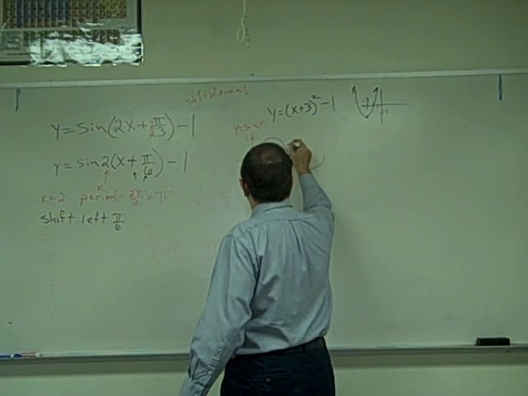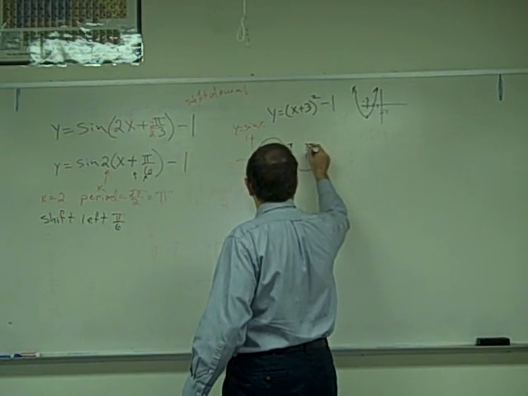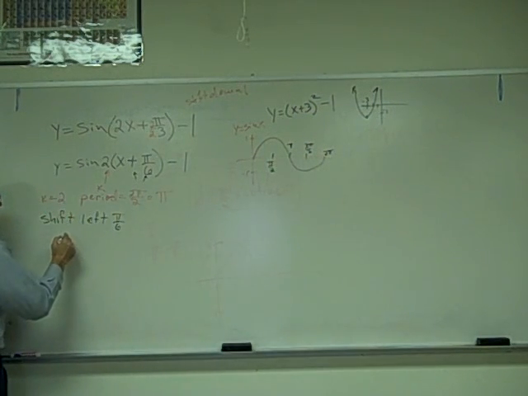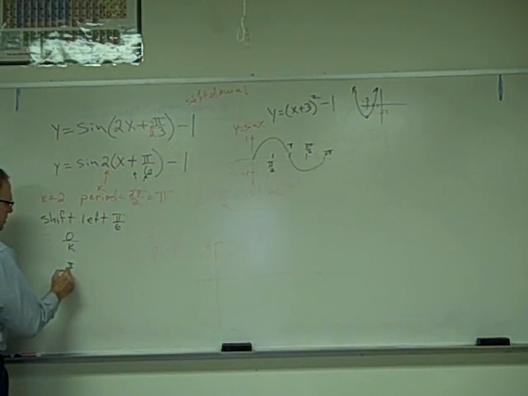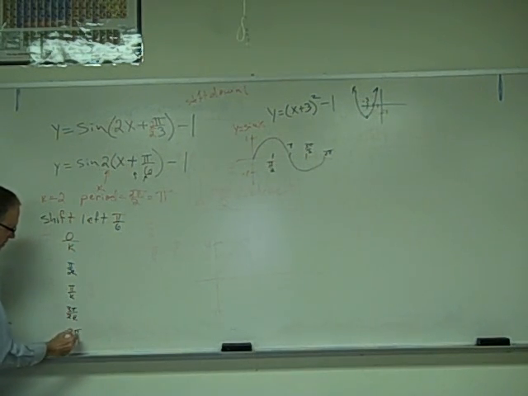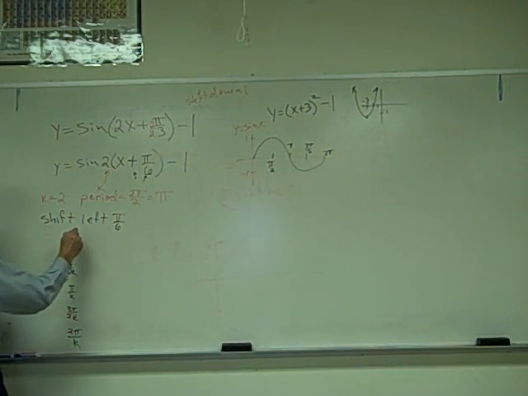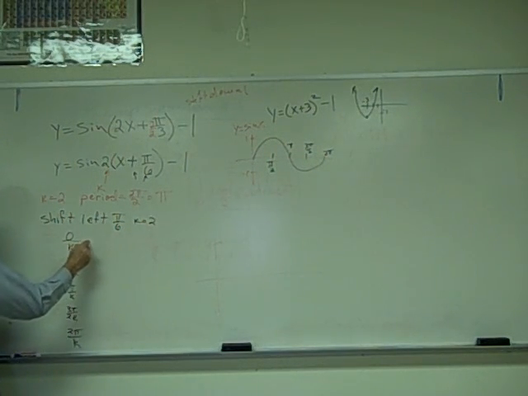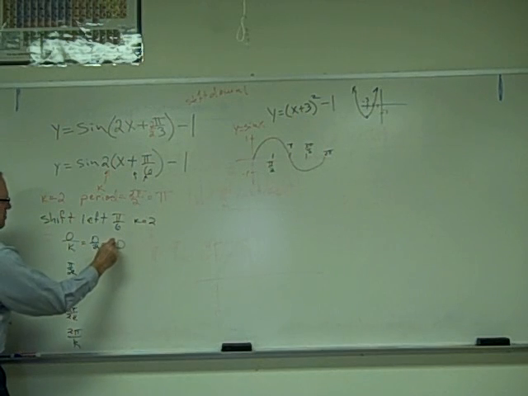So we're looking at pi over 2, pi, 3 pi over 2, 2 pi. Okay, so here's our 0 over k, and we've got pi over 2 times k, pi over k, 3 pi over 2 times k, 2 pi over k. And we said that k equals 2. Okay, so here's 0 over 2, that's just 0.